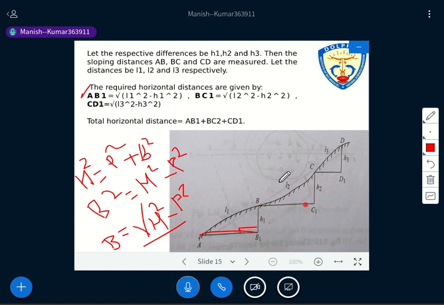This is what is written over there. Similarly BC1 equals under root L2 square minus H2 square, and CD1 equals under root L3 square minus H3 square. Now we have to add all three horizontal distances. We then have the horizontal equivalent of this sloping distance or sloping length. Is it clear to all of you now? The concept is clear?